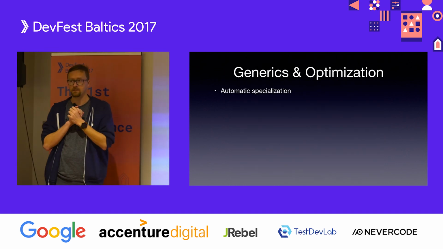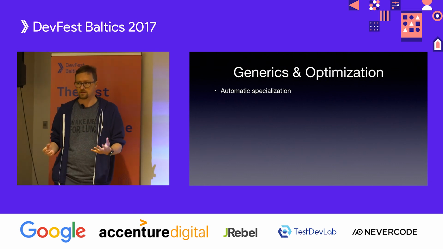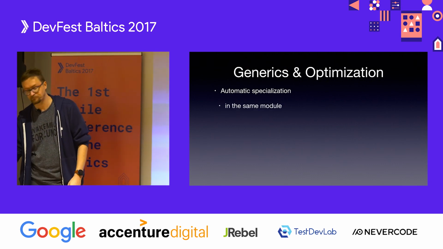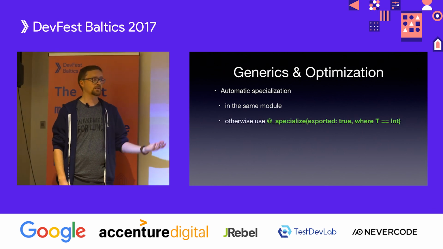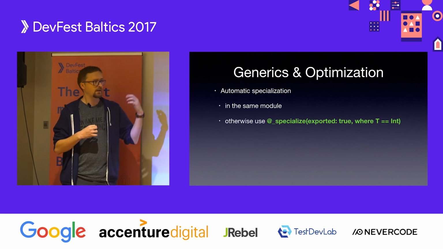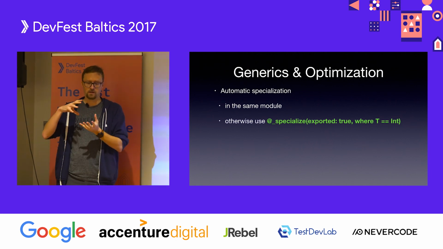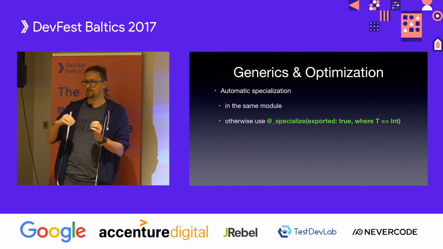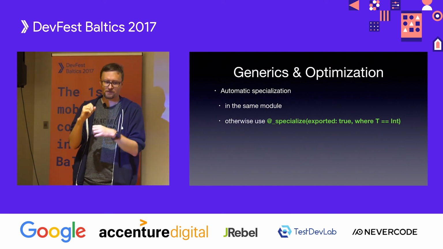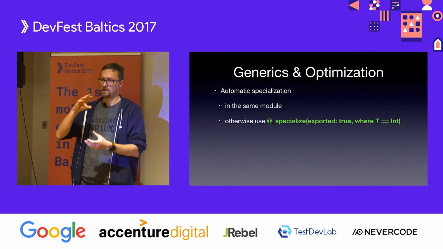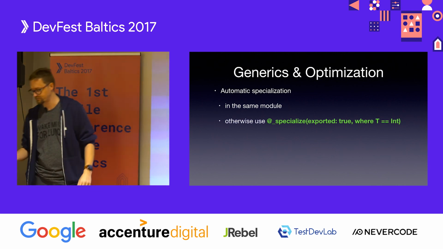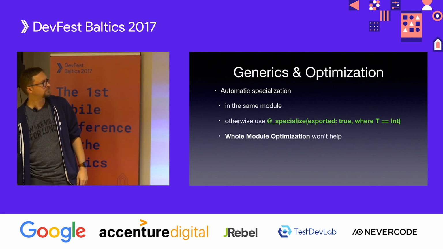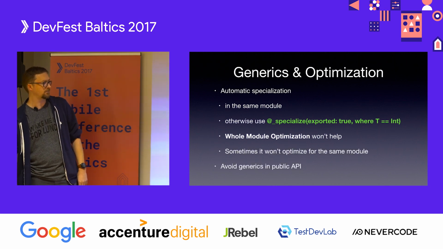Specialization happens automatically when it can, excluding between modules, so within the same module. Otherwise, you can use specialize. It will make the code bigger, because each specialized version of your function is added to the code, but faster. Whole module optimization won't help, because it will only specialize in the same module.